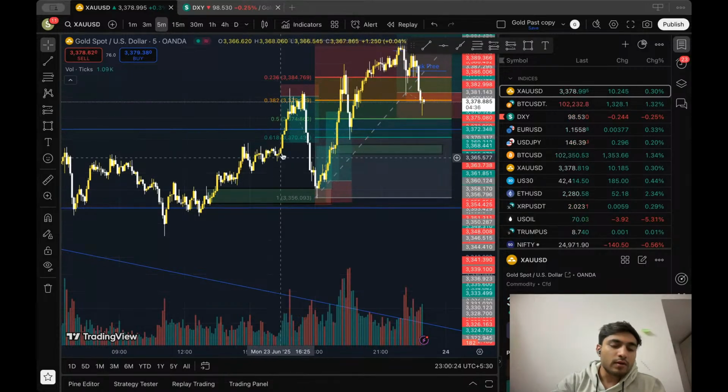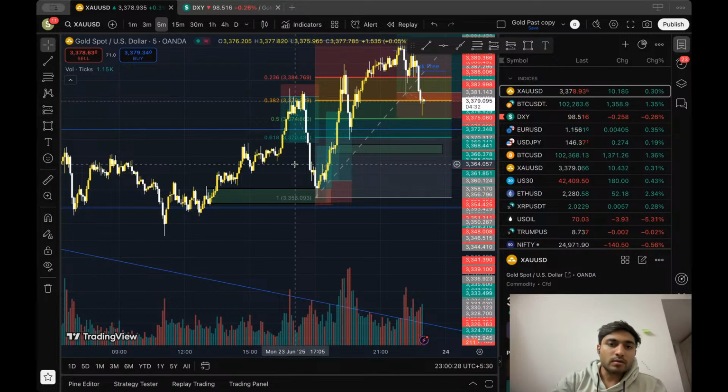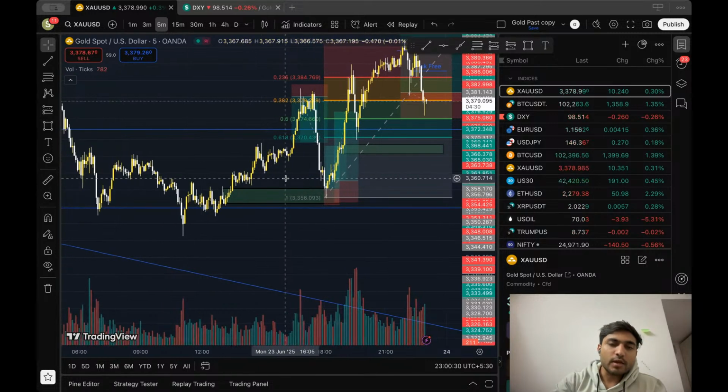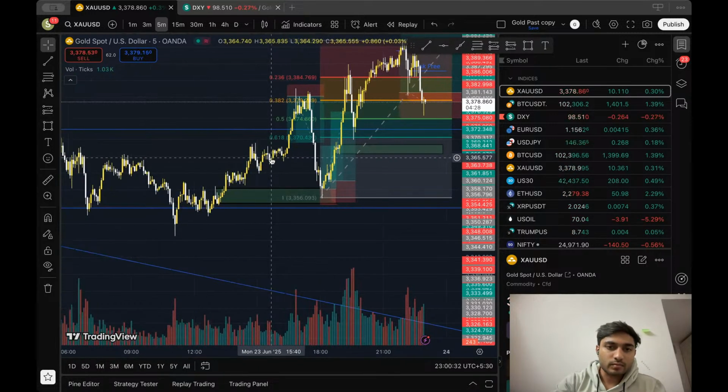Let me tell you two scenarios here. If DXY is in an uptrend, gold should go to the sell side.